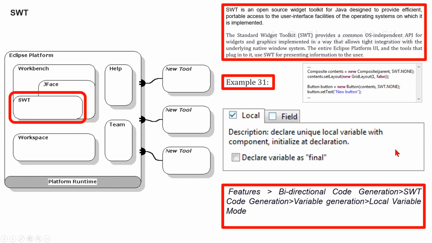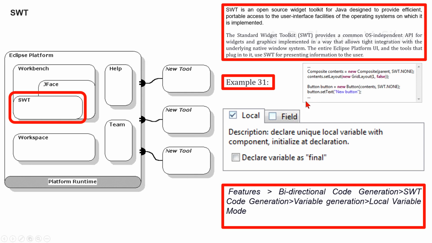Now we are considering local variable mode in variable generation in SWT, code generation in bidirectional code generation in features in window builder. In local variable generation style, each component is assigned to the unique local variable and initialized at the point of declaration.